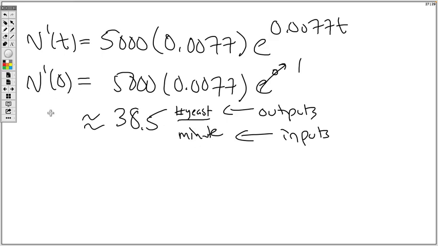So once again, we've put in t equals 0. So initially, what's happening with the number of yeast? Is it increasing or decreasing? Increasing, because the derivative is positive.